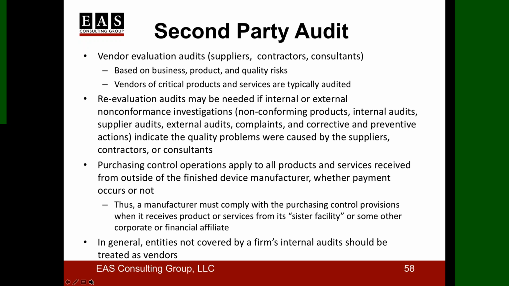That's the same thing for the suppliers, contractors, and consultants that they are involved with: received products, in-process products, or finished products. So your received product is their finished product.